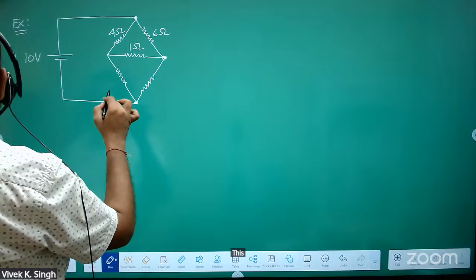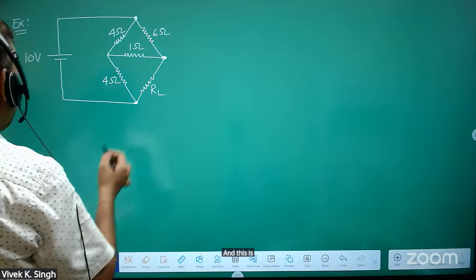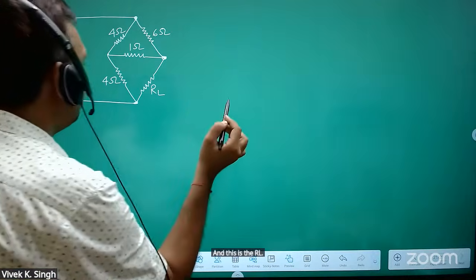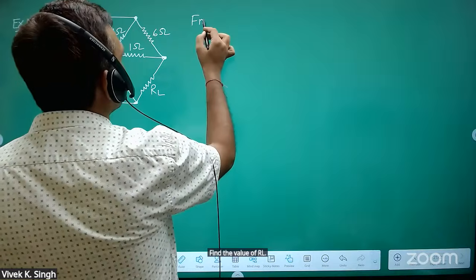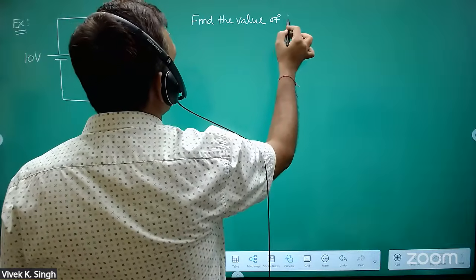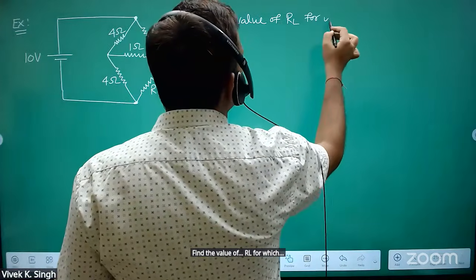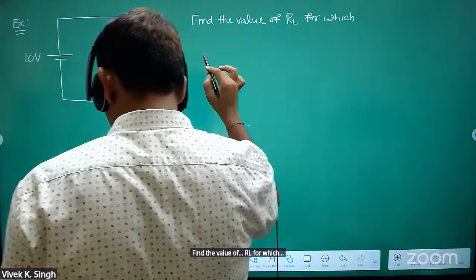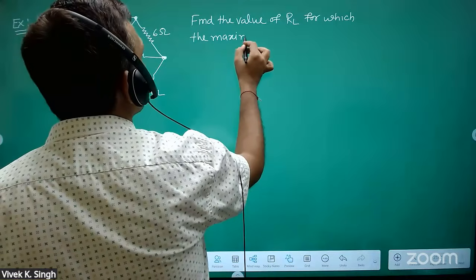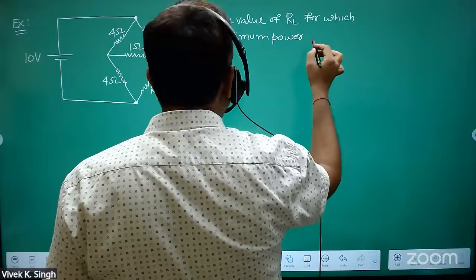This is 1 ohm. This is 4 ohm. And this is the RL. Find the value of RL for which the maximum power will be delivered to it.